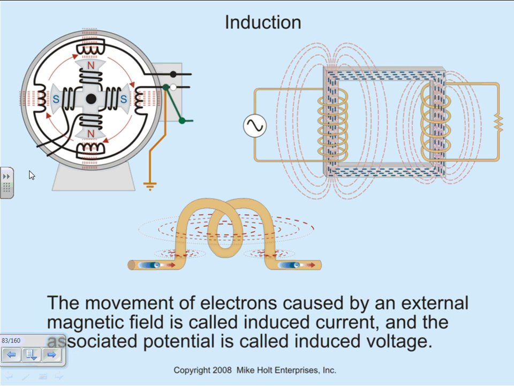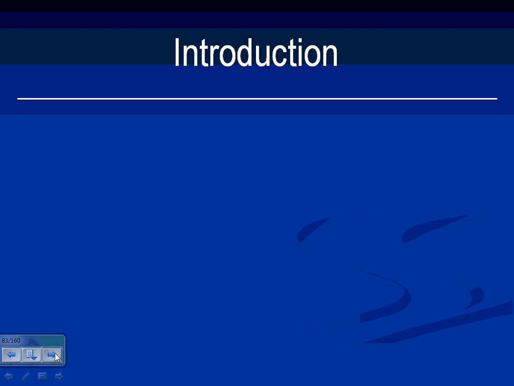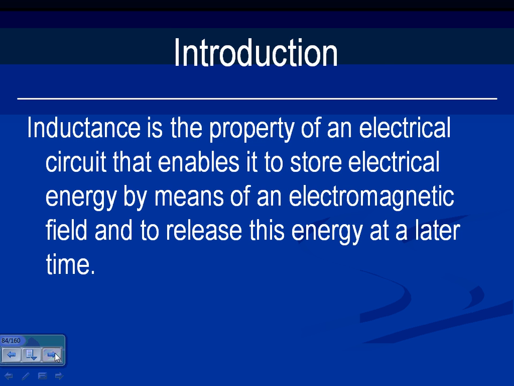That voltage will be proportional to how many windings are in this coil. By inducing voltage here, you transfer the power from one level of current and voltage into another level of current and voltage through induction. That's basically the most important thing about the induction phenomena.